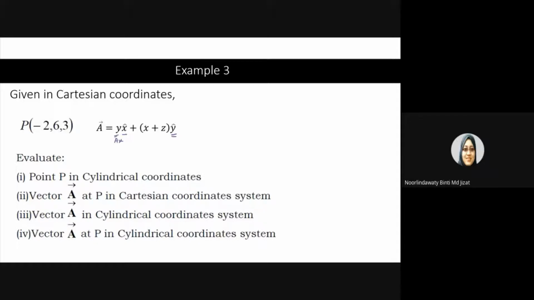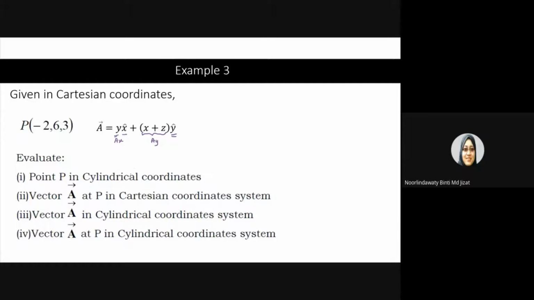And you also have the magnitude of x plus z that moves towards your y direction. So this whole thing here is your AY, meaning the magnitude that moves towards your y direction.